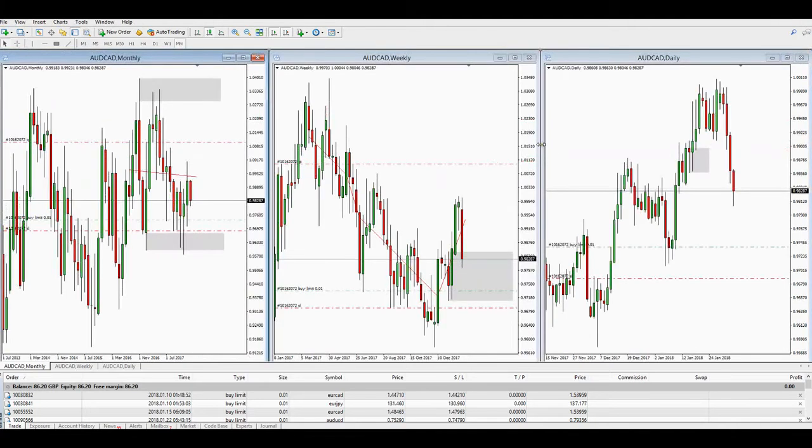Everything works the same. The supply and demand principles are the same, because this is what the markets pretty much move by, supply and demand. It's just understanding it, and it doesn't always show itself in the same light. It depends on the flow of the market on that particular time frame.